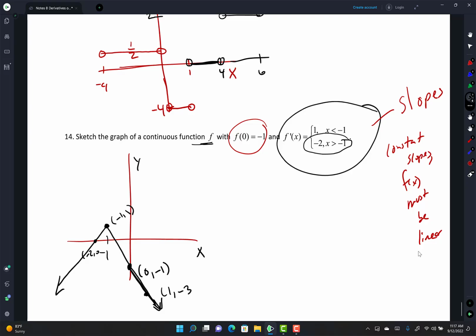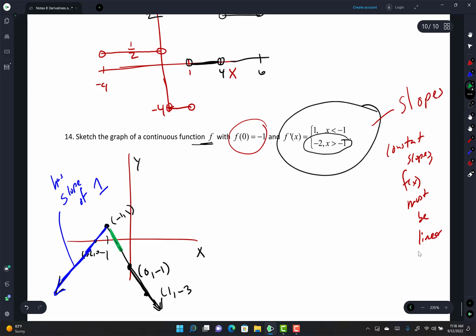I know, guys, it's hard because we've never done this before. Let me go ahead and label this. This black line here has slope of 1. Let me go ahead and color code it: blue.